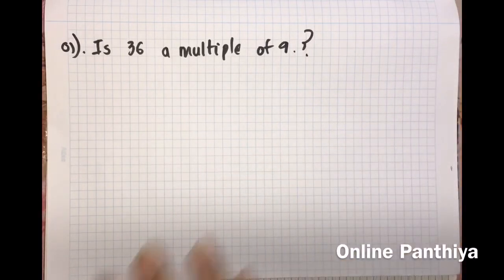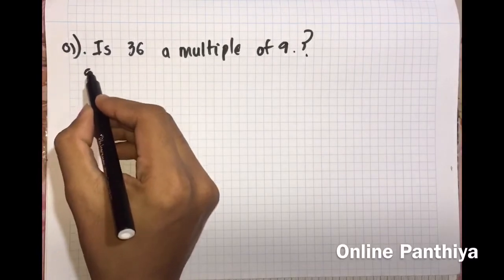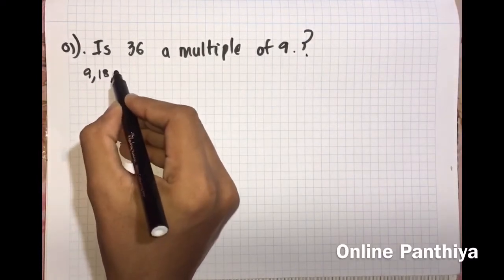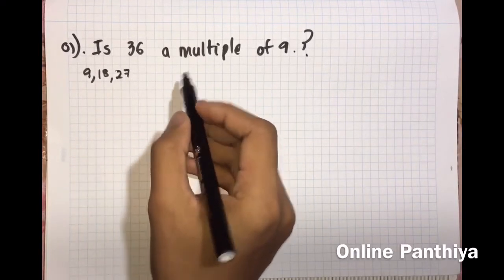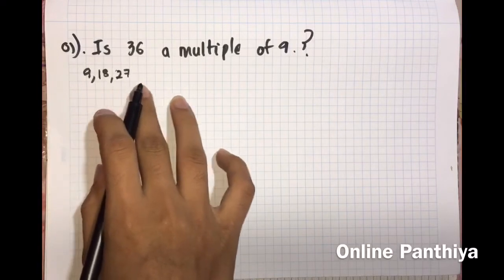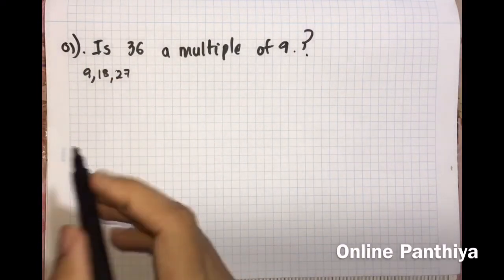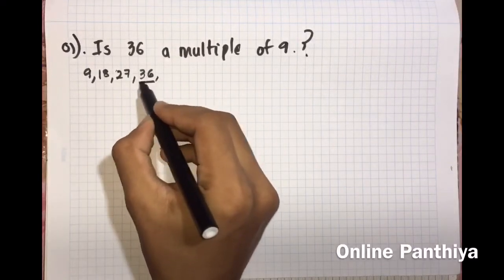That means, how do you write the multiples of 9? Starting from 9, 9 times 1 is 9, 18, how much? 9, 18, 27. You keep on writing and check whether you are getting 36 in this answer. Do you get 36? 9, 18, 27, 36. Yes, you are getting this 36.